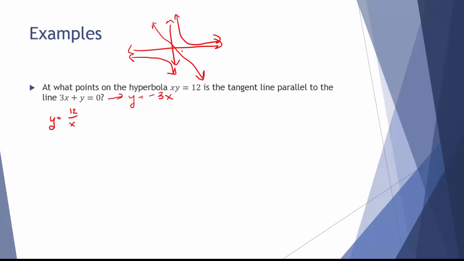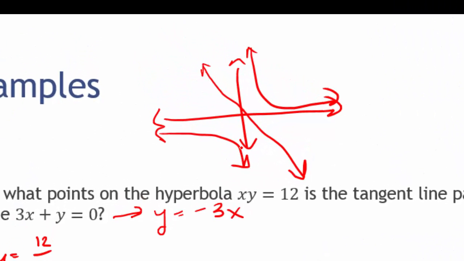So where on the hyperbola will I find tangent lines that are parallel to this one? Well, maybe right about here, and maybe again right about here. Give or take, those are the lines I'm looking for. I'm looking for the points on the hyperbola that have these tangent lines to them.